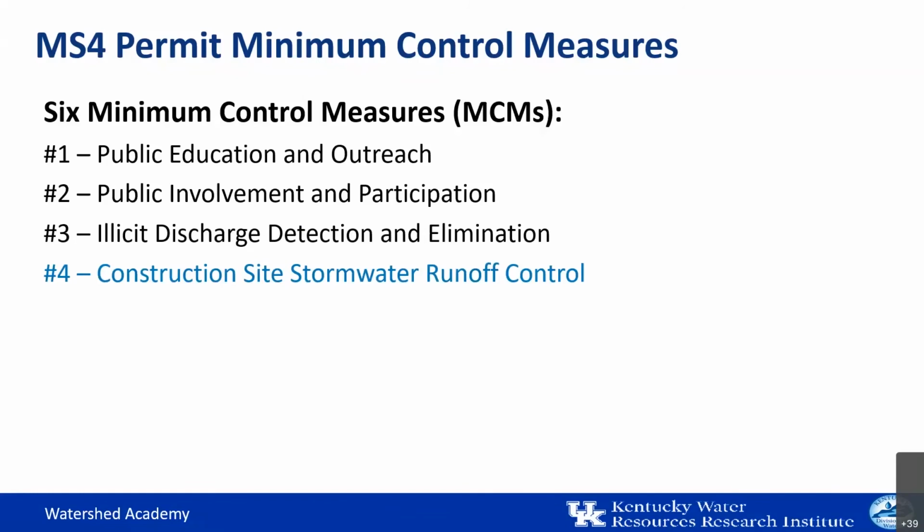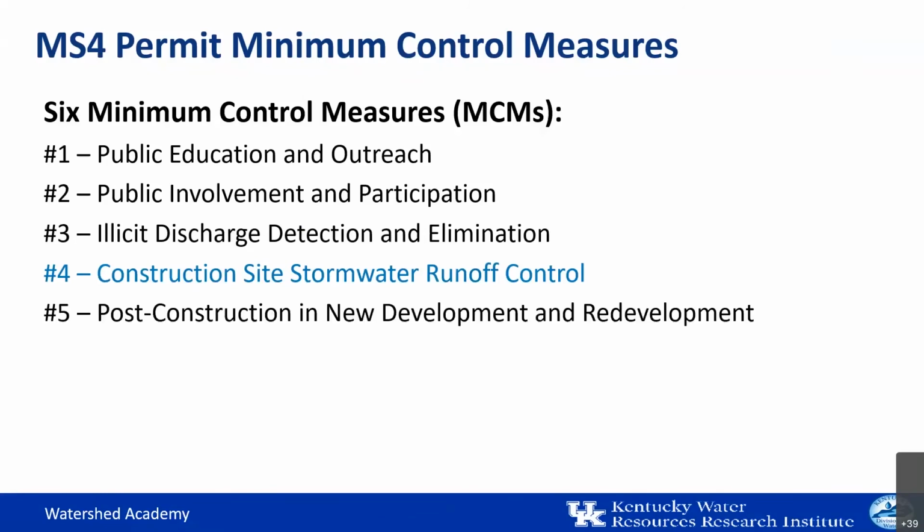MCM4 relates to construction site stormwater runoff controls that mainly address soil and sediment pollution, and we're going to spend a little more time on this in the upcoming slides. MCM5 relates to post-construction in new development and redevelopment in areas that disturb an acre or greater, or smaller lot sizes that are part of a larger development project.